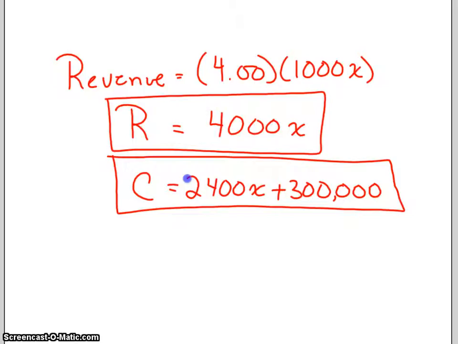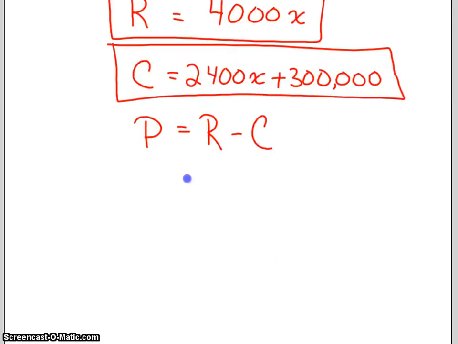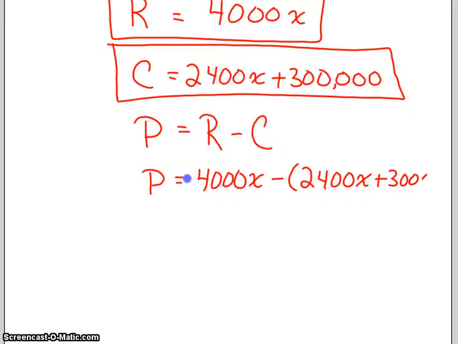Variable plus fixed. Now profit is revenue minus cost. So profit is going to be 4,000x minus, make sure this goes in parentheses, 2,400x plus 300,000. We're going to distribute that negative sign.